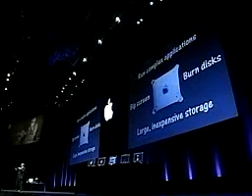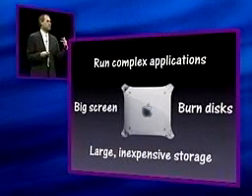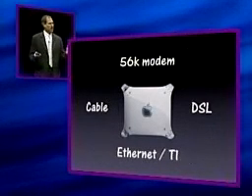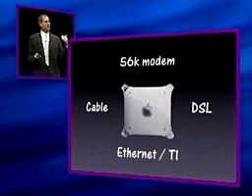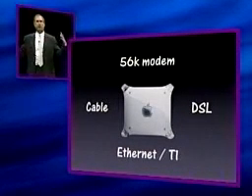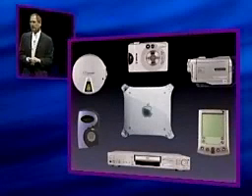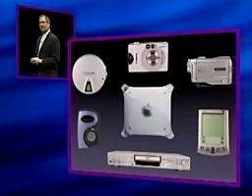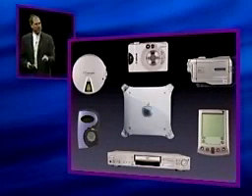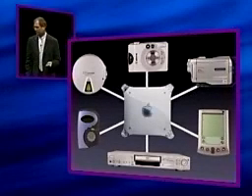We have tens of gigabytes now in these devices to store pictures and movies and music. And also, because the PC connects to the internet in any and every way. It is our fundamental portal to the internet. And because of this, we think that the Mac, the personal computer, is going to be the digital hub at the center of these devices and connecting them together with each other as well.